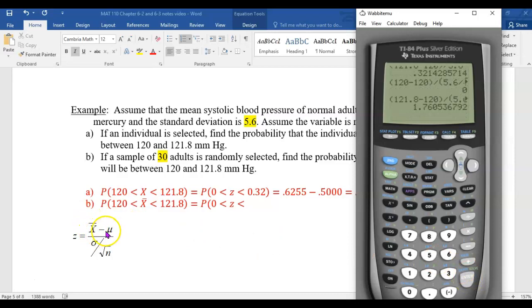Notice I put parentheses around the x bar minus mu, 121.8 minus 120. Then I divided by, and then I put parentheses around the sigma, which was 5.6, divided by the square root of n, which was 30. And that came out to be 1.76.